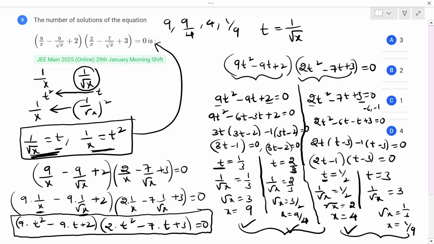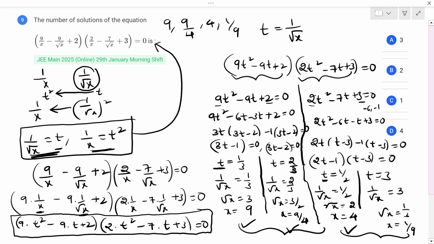Why I am saying this is, sometimes you may get a repeated solution. If 9 is a solution from the first equation, the second equation might also give 9 as one more root, so you will count 9 two times. Don't make that mistake. What is meant by the number of solutions is the number of different solutions.